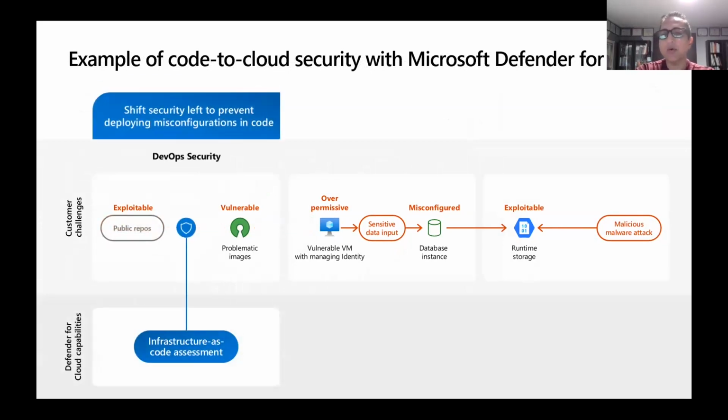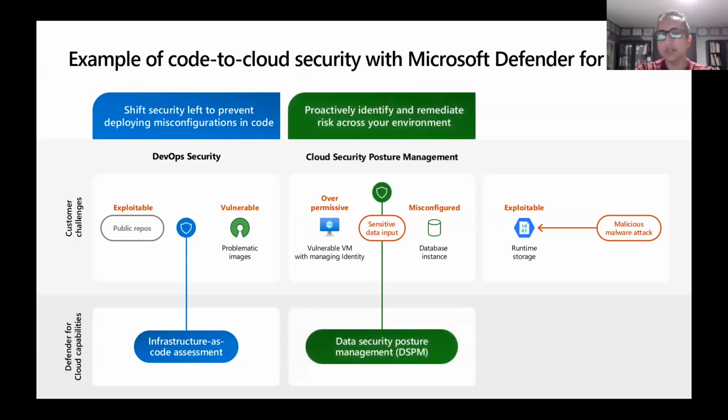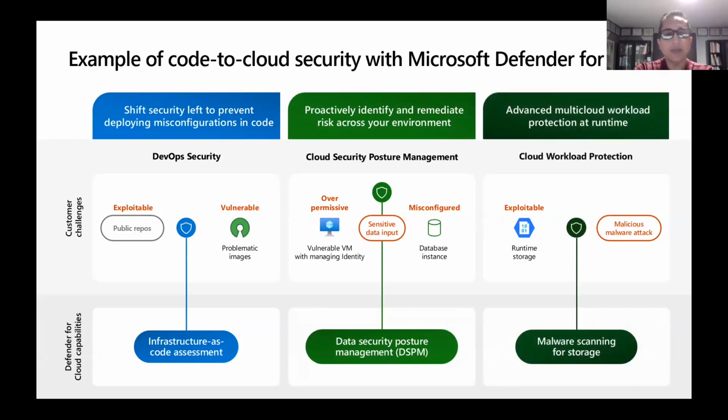You need to protect all of this because any part of this can be circumvented by some smart attack, for example. So you need infrastructure as code assessment that's built into the product. You need all this posture management for your data security. And of course, you need to scan for malware, even in your data that is sitting at rest.